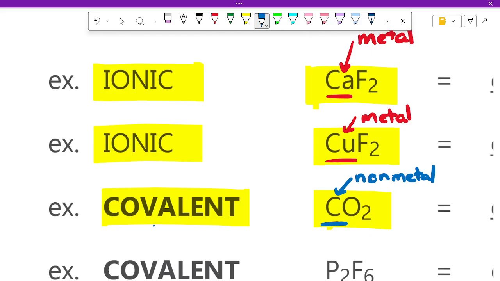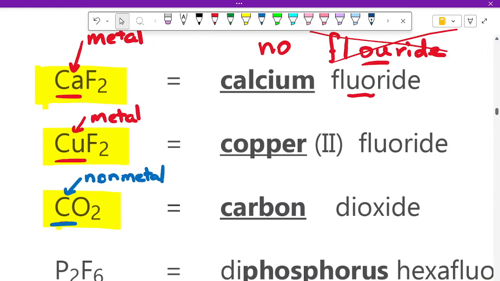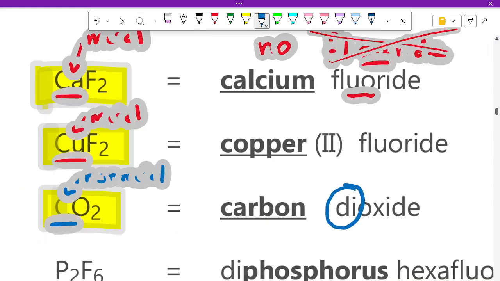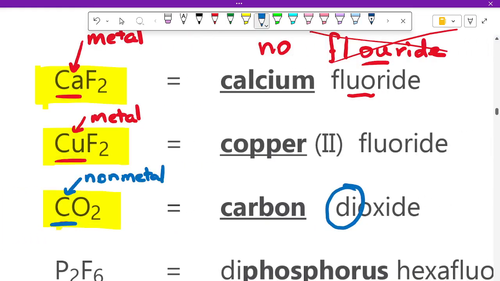If it's covalent, we need to use prefixes. So it's not just carbon oxide, it's carbon dioxide.